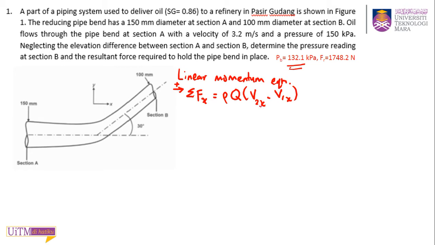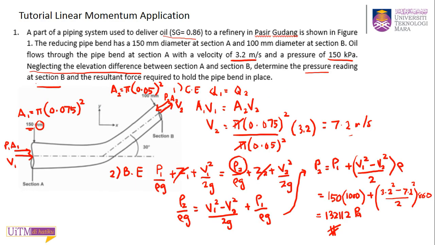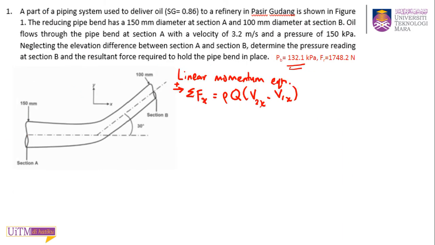Remember, you need to draw your FBD, right, when we learn this. Because you have this angle, this is your V2. So you have two components, one in the x direction, with this angle theta, so this will be V2 cos theta.